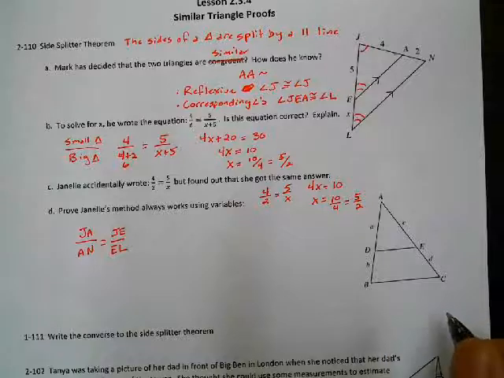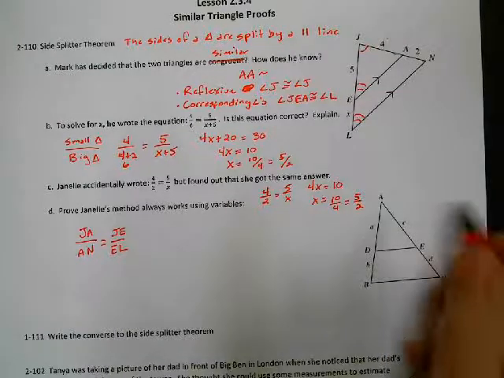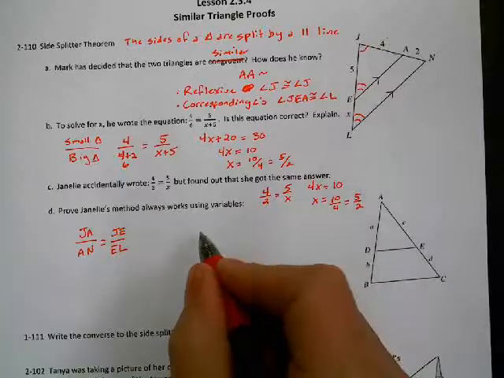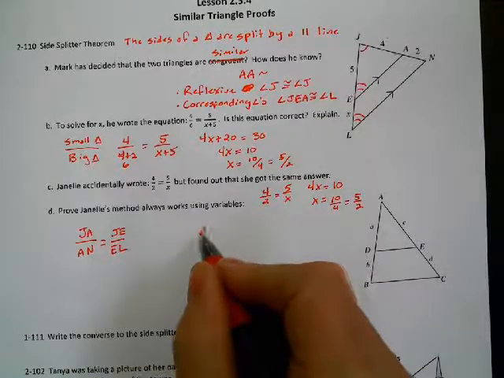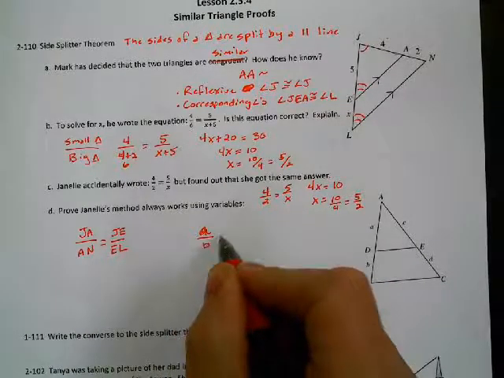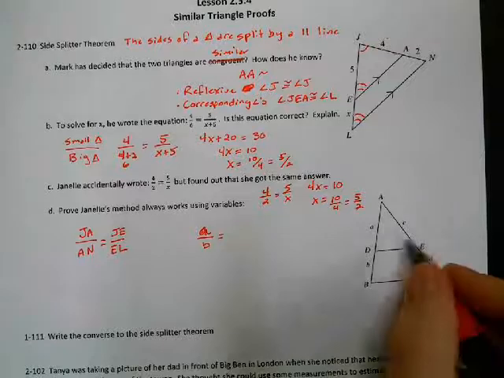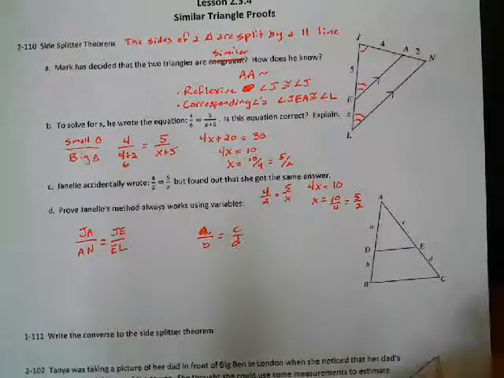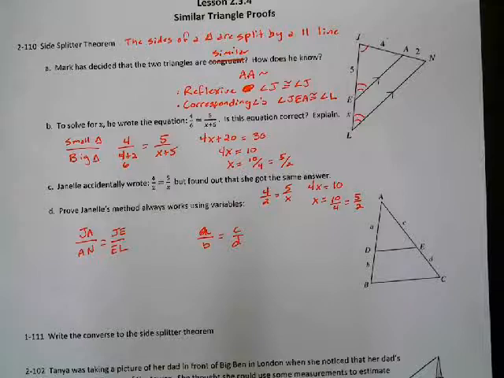All right, so here I'm going to start off by saying that A over B is equal to C over D. And now I'm going to use algebra to prove that this is always going to end up working.